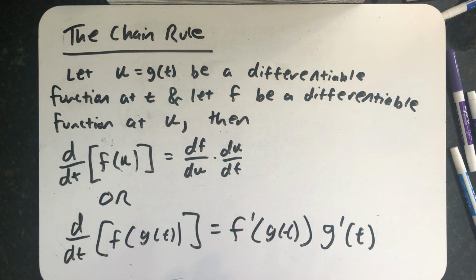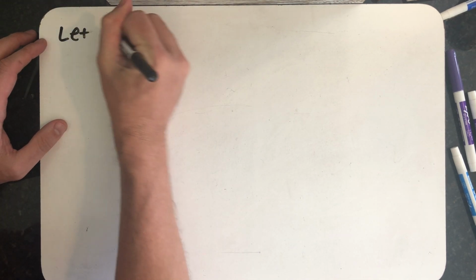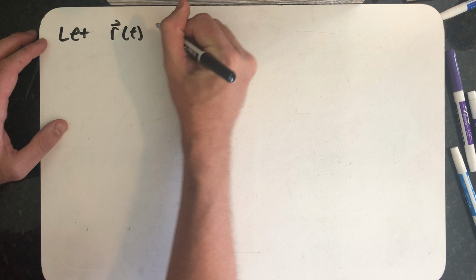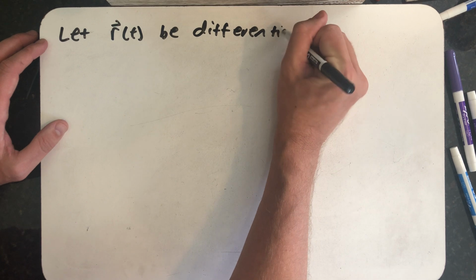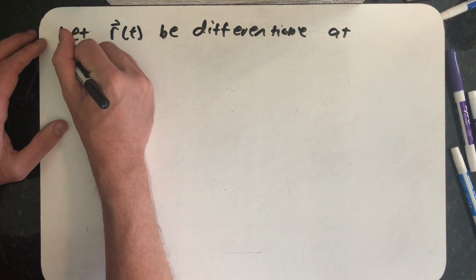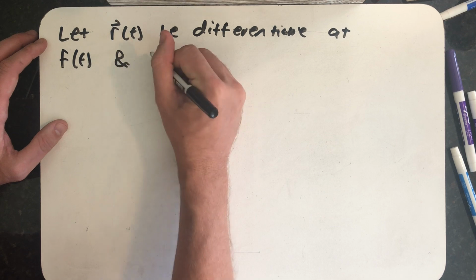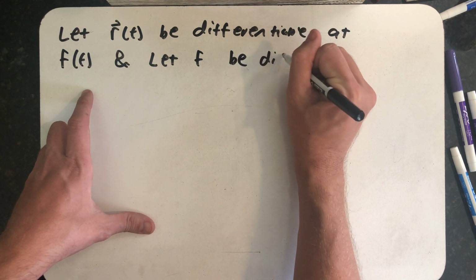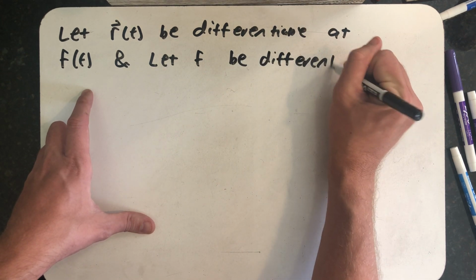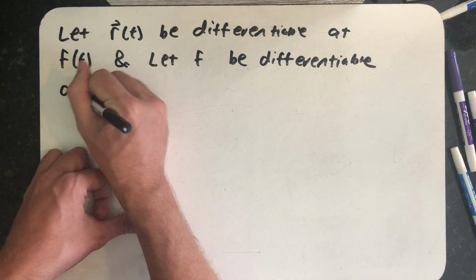But like everything else we've done in Chapter 13, the rules for vector functions simply come from our rules from Calc 1. So let's examine a differentiable vector function r and let f be a differentiable scalar function at t.